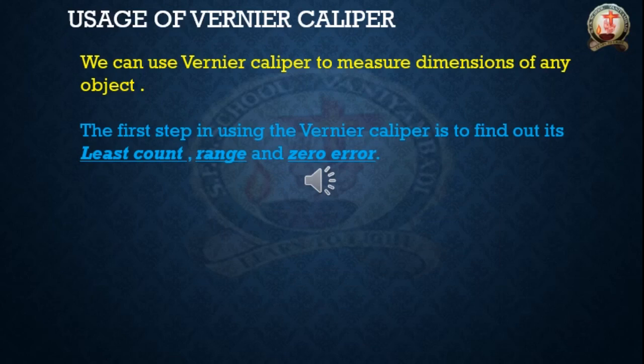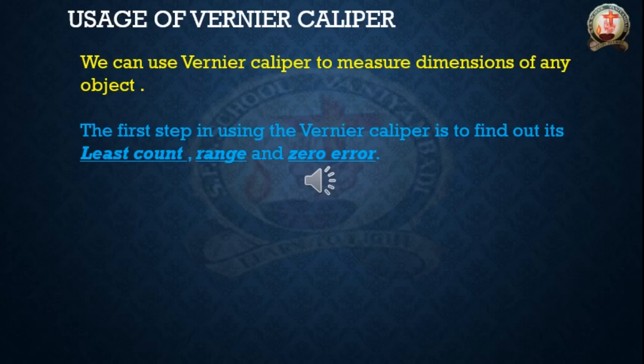Least count, range and zero error. Okay, first one is least count, range and zero error. We can learn about this least count, range and zero error one by one.